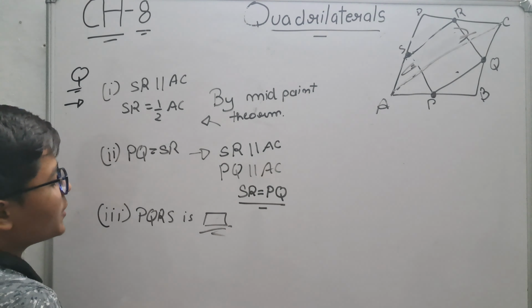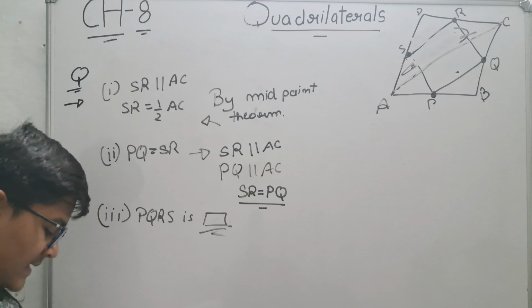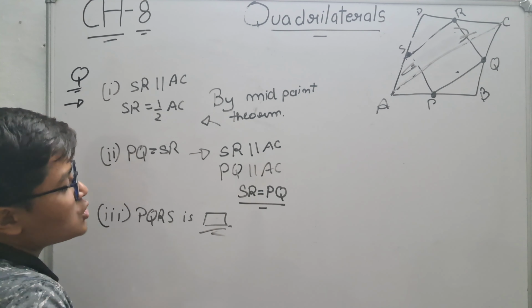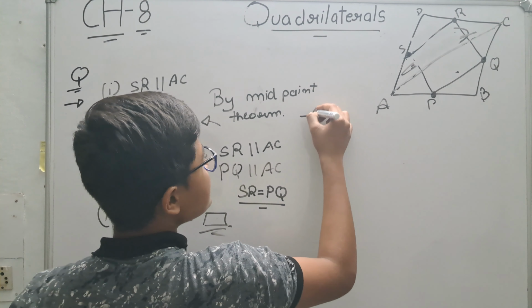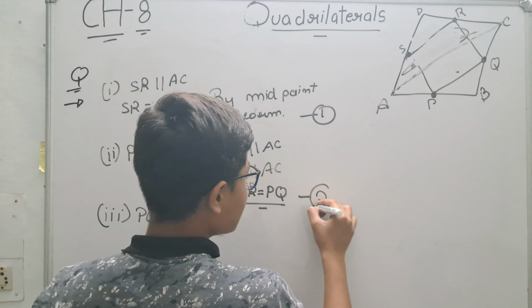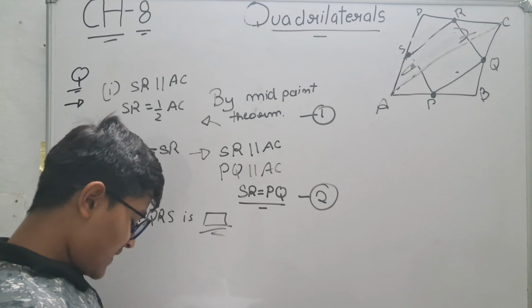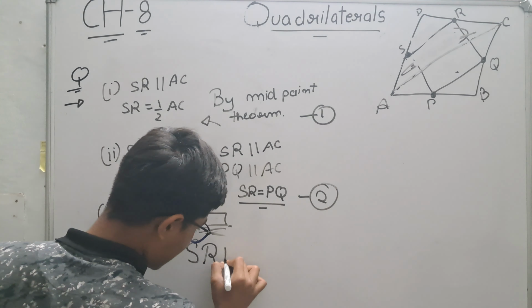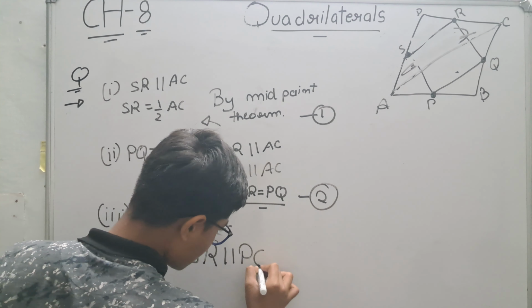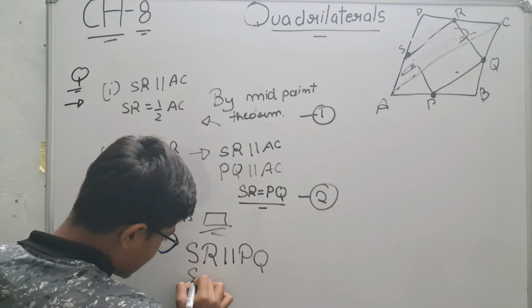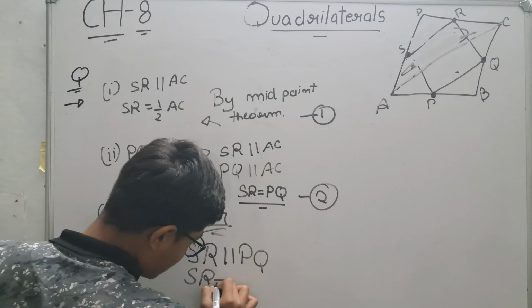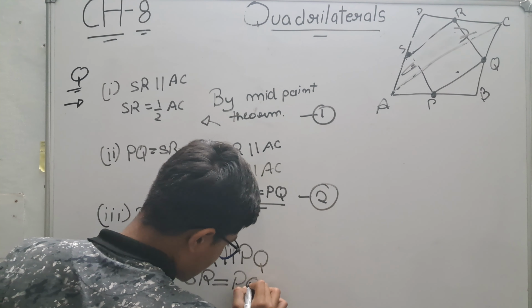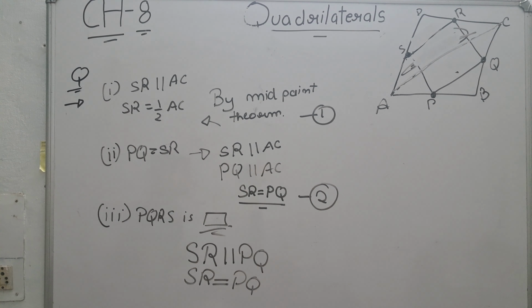Now let's see the third question. PQRS is a parallelogram. So from the first midpoint theorem and this second, SR is equal to PQ, we will find that SR is parallel to PQ as well as SR equals PQ. Okay, wait for 2 minutes.